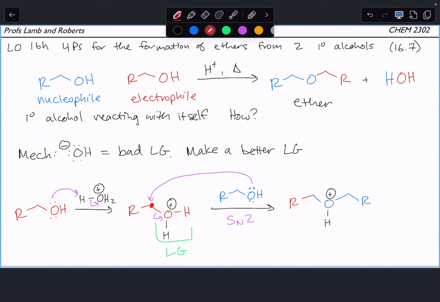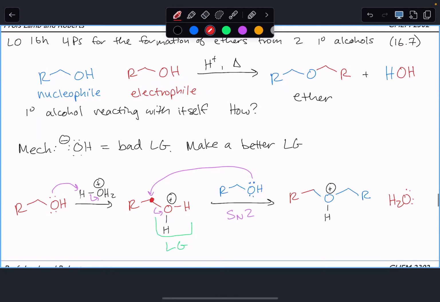We lost water. And then to get to our final ether, we just need to deprotonate using our water to regenerate our acid catalyst. And that will give us our ether.